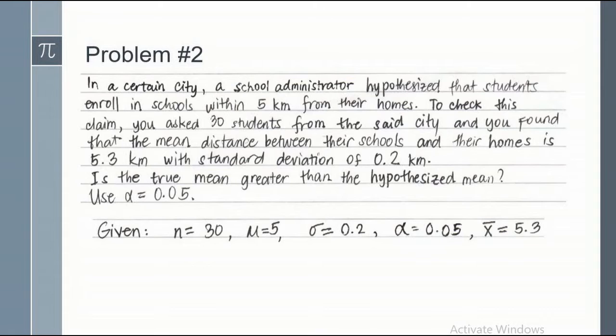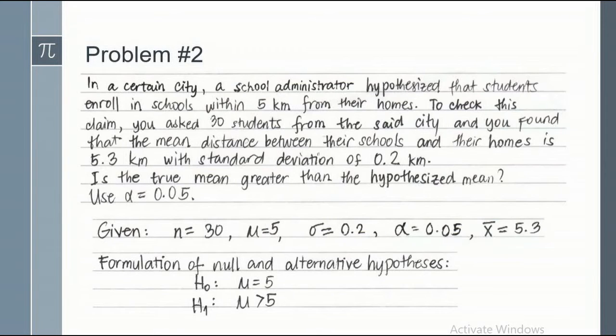Given n is equal to 30, mean is equal to 5, the standard deviation is 0.2, alpha or the level of significance is 0.05, and the sample mean is 5.3. Formulation of null and alternative hypothesis.